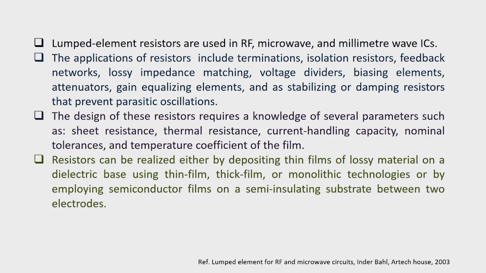Resistors can be realized either by depositing thin films of lossy material on a dielectric base, either using thin film, thick film or monolithic technologies, or by employing semiconductor films on semi-insulating substrate between two electrodes.